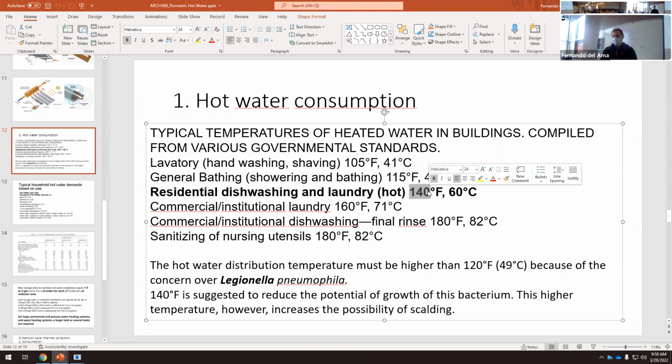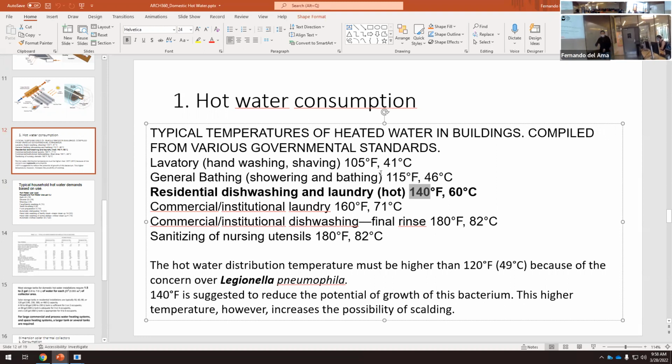So if we have a system, what is the outlet temperature? The outlet temperature should be 140 Fahrenheit. If it's not enough, we need an auxiliary system. But at some point in our hot water installation, we need to get up to 140 Fahrenheit.